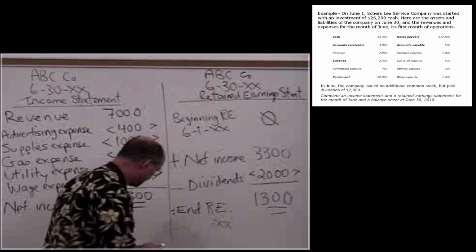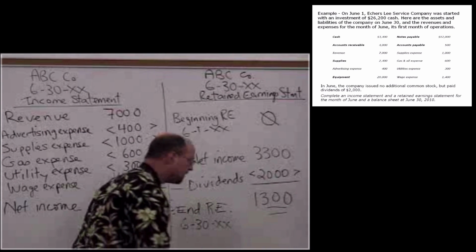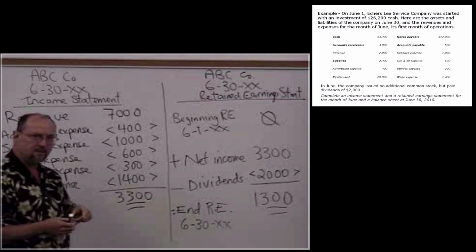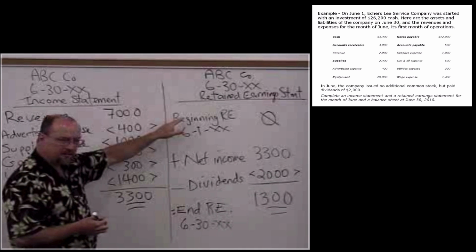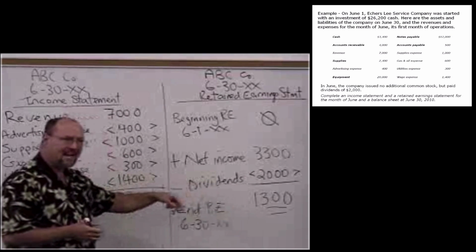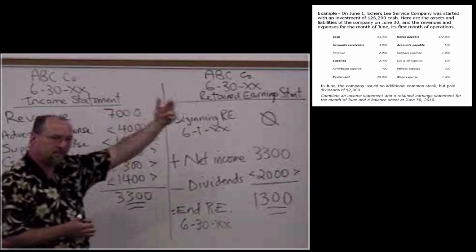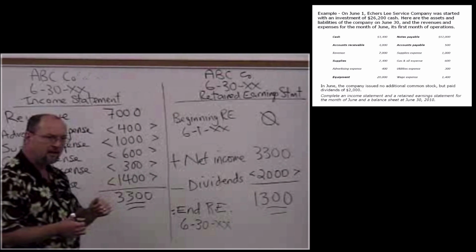I meant June 30th. Okay. On July 1st, which is the next month, my beginning retained earnings will be $1,300. So last period's ending retained earnings becomes the following period's, July in this case, beginning retained earnings.